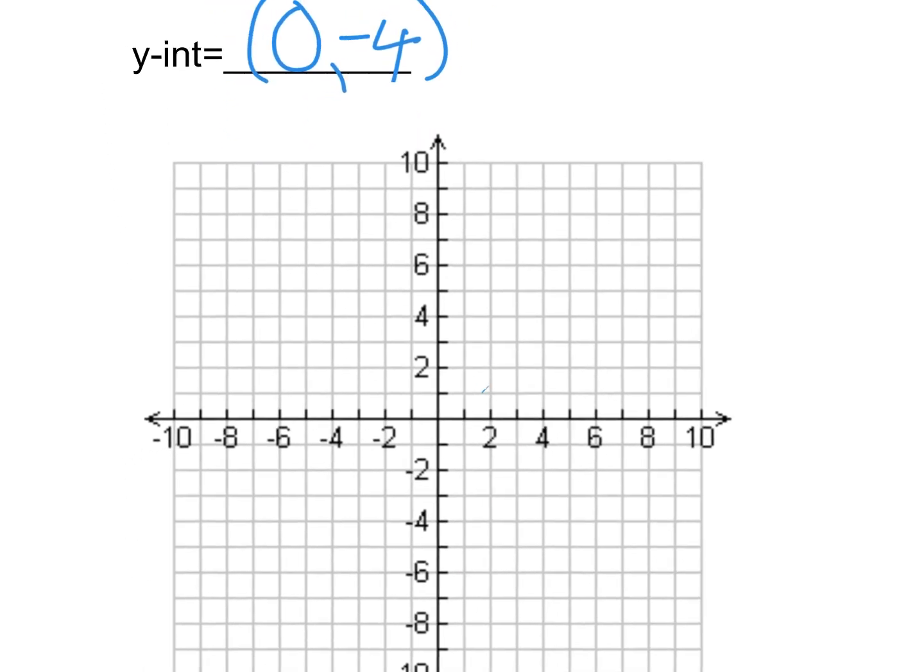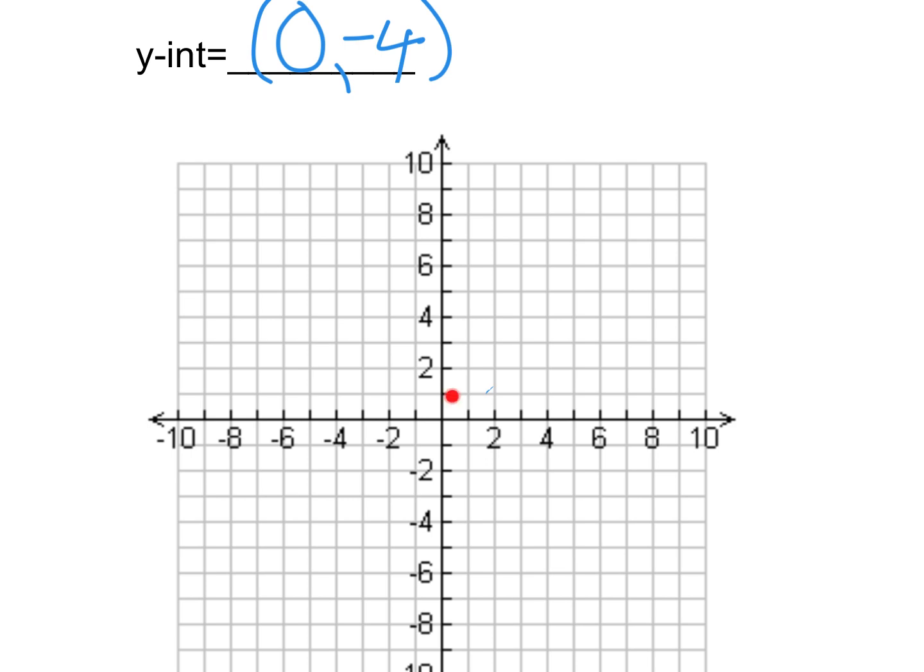The reason is because notice, x gets bigger as I go to the right. So this is x equals 0. Then this is x equals 1. This is x equals 2, 3, 4, and so on. If I go to the left, my numbers are negative, so they're getting smaller. So I have x equals -1, x equals -2, x equals -3, etc. It keeps going.